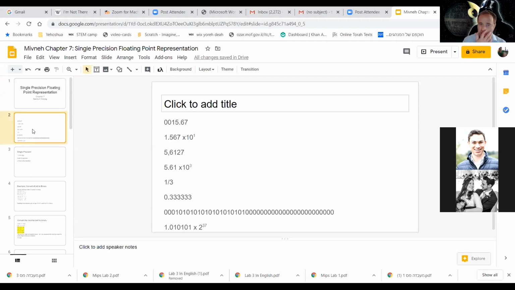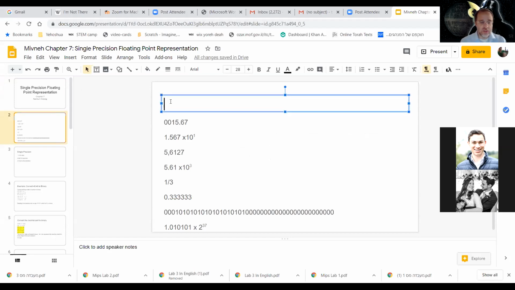First, let me explain something about general scientific notation. You guys may already know this, but maybe you don't. Scientific notation is a way of representing numbers that are very large or very small by expressing them as a small decimal times 10 to a power.